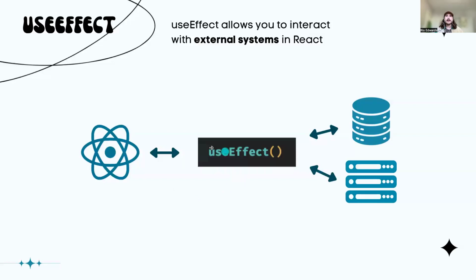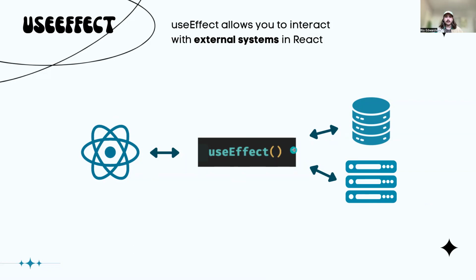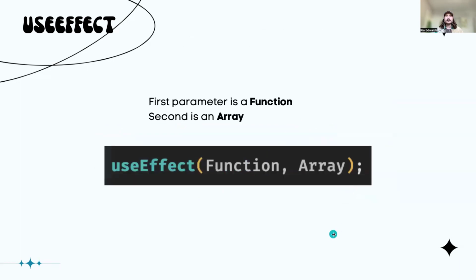And here's just a diagram. So React, you have your database or server, and then useEffect allows you to interact with them, whether that's getting data from your database or sending data to a database. And the syntax can be kind of confusing, unfortunately, but I'll try to make it easy here.